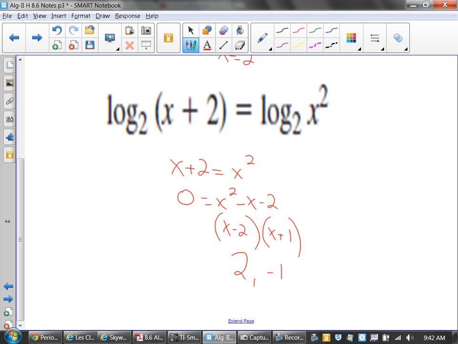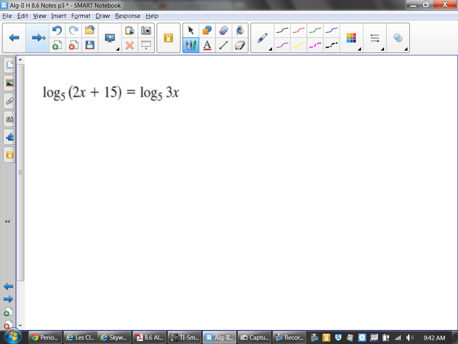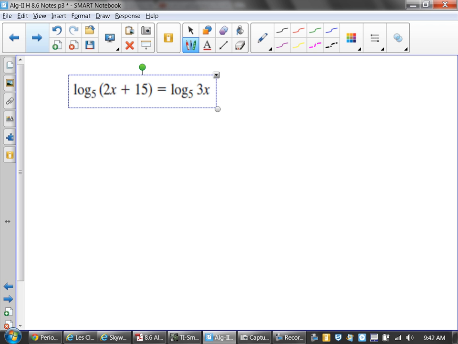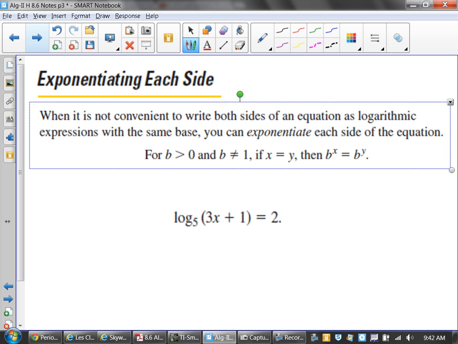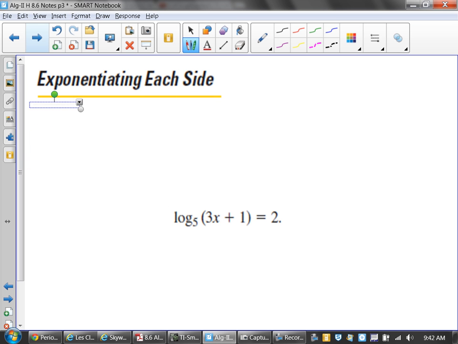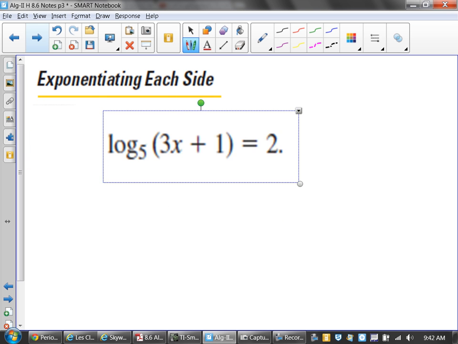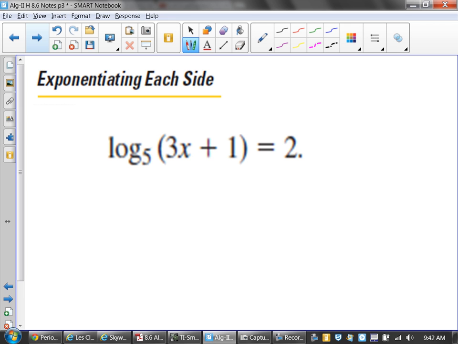Okay. I don't think we need to do this. No, we don't. All right. Again, I don't need to go over all the words here. Log base 5, which is 2, and then it drops down.